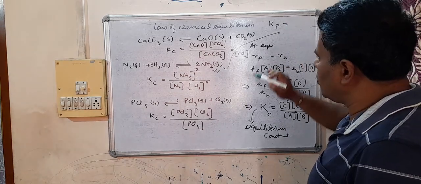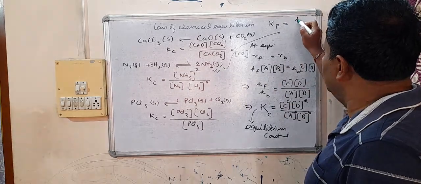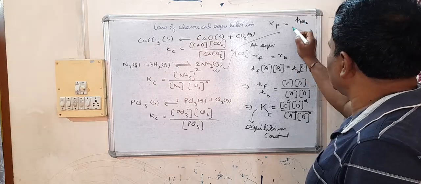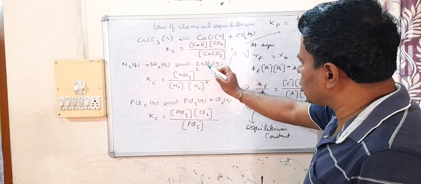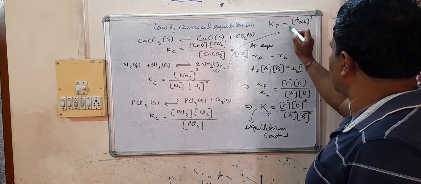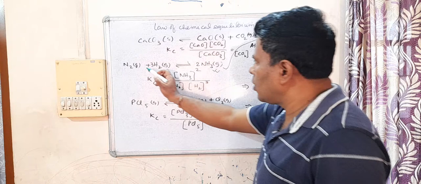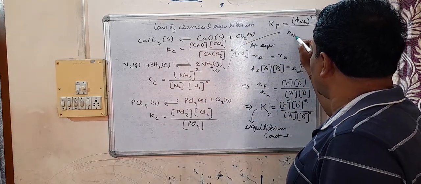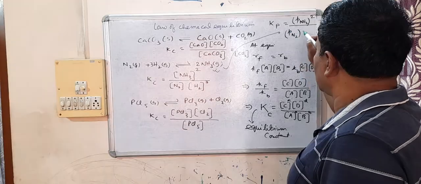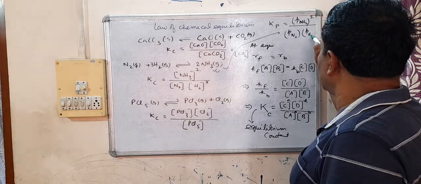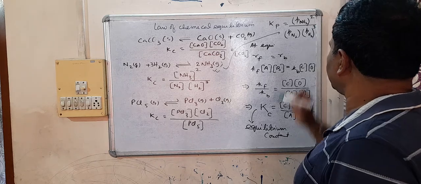So Kp will be the partial pressure of product raised to the appropriate power divided by the partial pressure of reactants. So partial pressure of NH3 squared divided by partial pressure of N2 times partial pressure of hydrogen to the power 3.